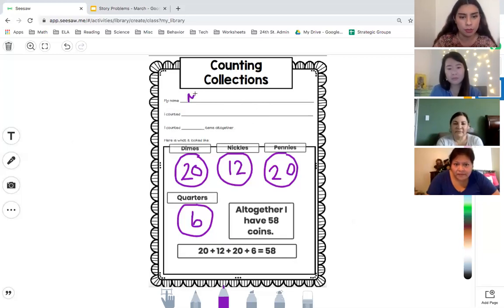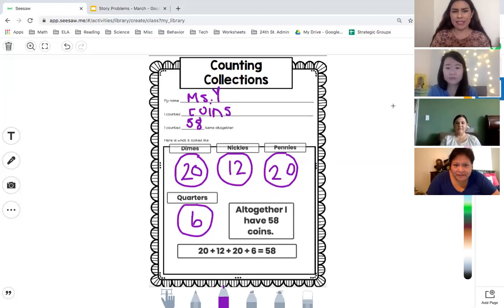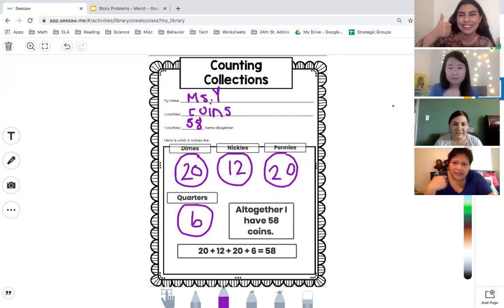And so I'll just put Miss Y, even though I don't like that. I counted coins. And all together, I counted 58 coins. All right. So here, am I missing anything now, teachers? Was there something that I should add, maybe for our friends at home? Or is everything the way we want it?